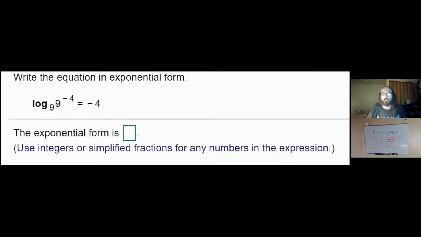This one is also asking us to write in exponential form. We've got the log of 9 to the negative 4 in base 9. Write that in exponential form.